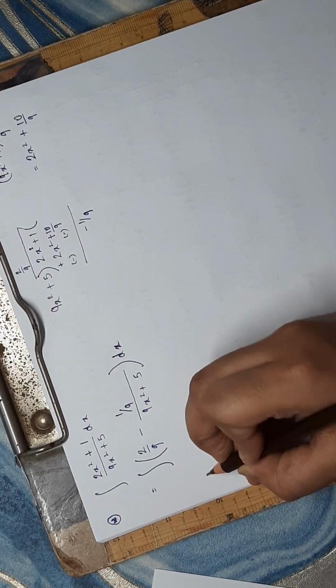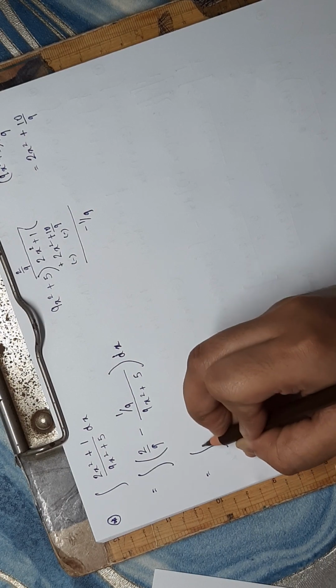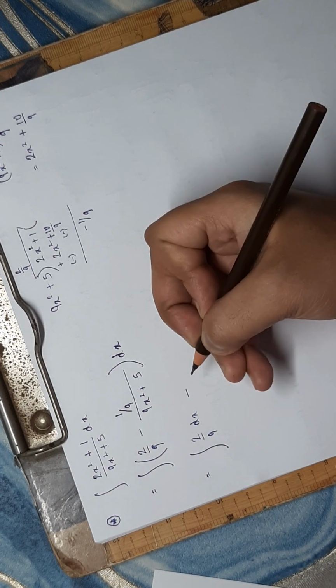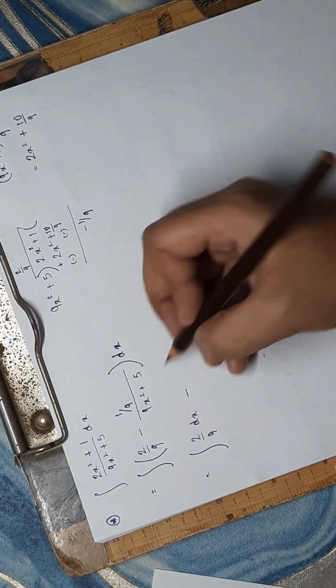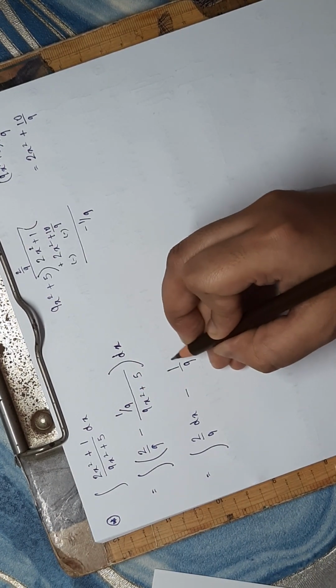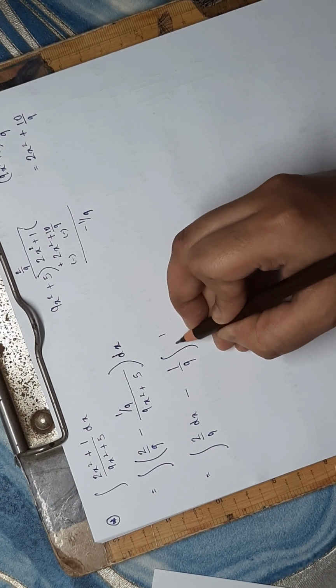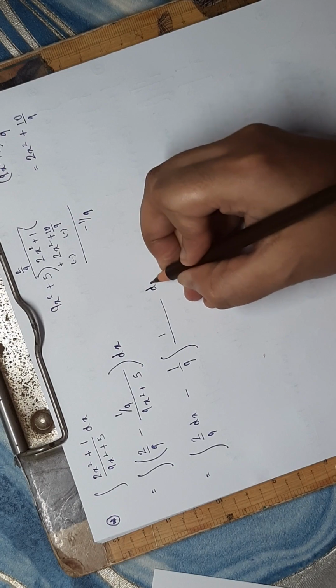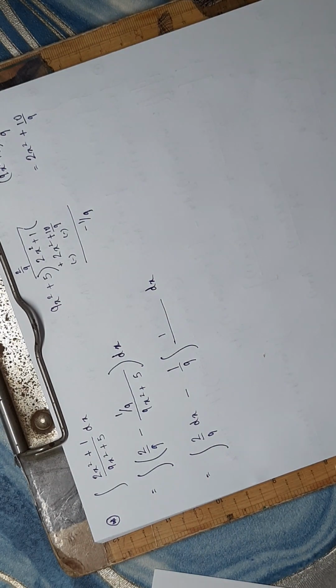Let's see. We have integration of 2 by 9 into dx minus, let's take 1 by 9 out of the integration sign, and then we will be left with 9x square plus 5 in the denominator, right? dx will be here.